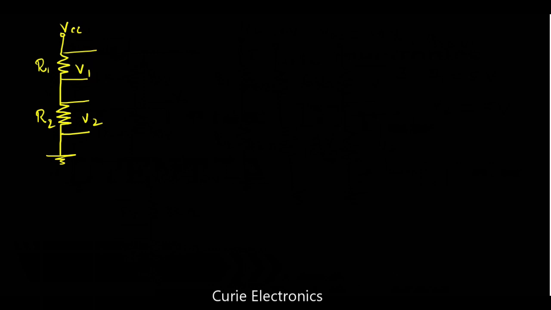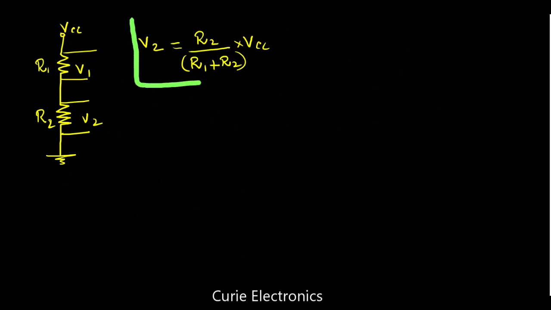Now there is an equation. If I want to know V2, V2 equals R2 upon the sum of the 2 resistors, that is R1 plus R2, multiplied by the VCC or Vin. This is the direct equation. By applying this direct equation, we can find the value of V2.